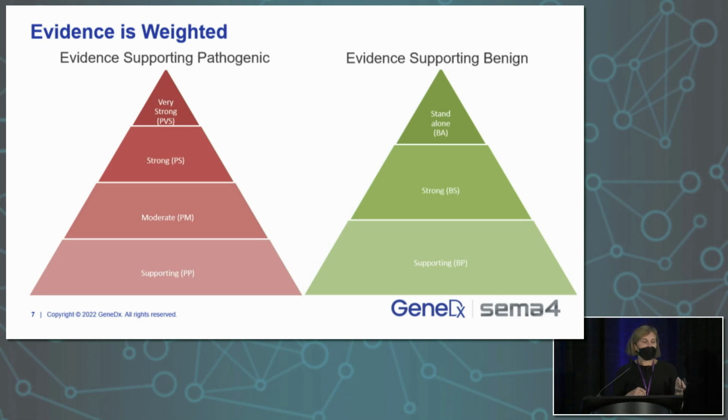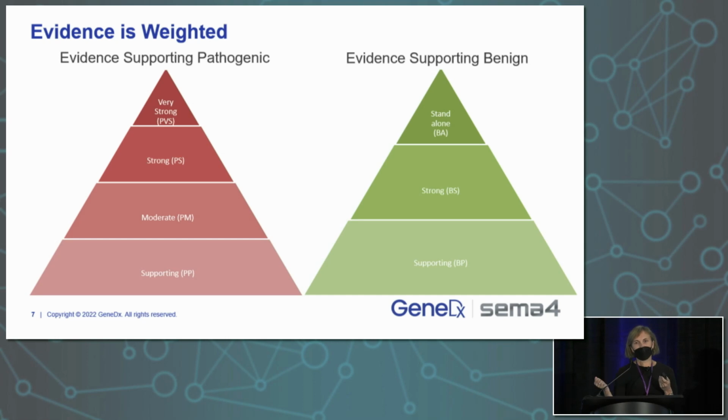Each of those pieces of evidence is weighted. There is evidence that is supporting a pathogenic classification, and there's evidence that's supporting a benign classification. We take each of those pieces and assign it a strength or a weight. For pathogenic, we have very strong, moderate, and supporting. And then for benign, we have standalone benign evidence.